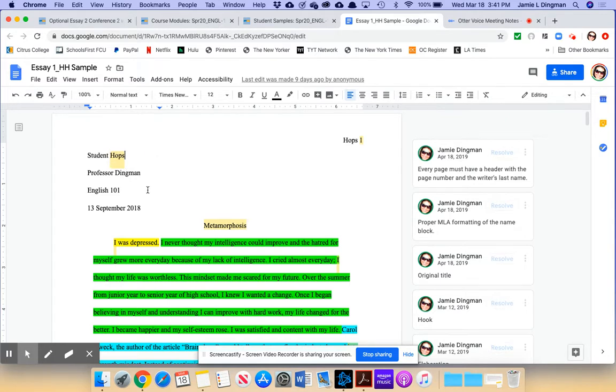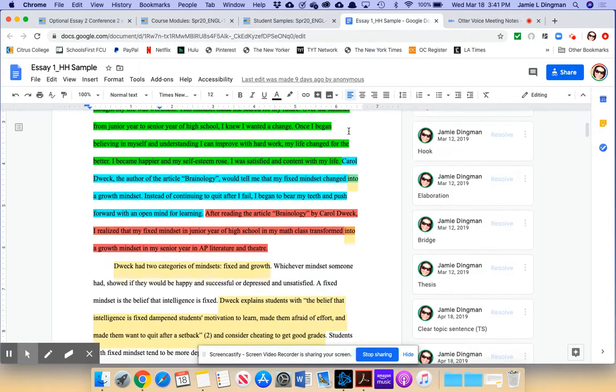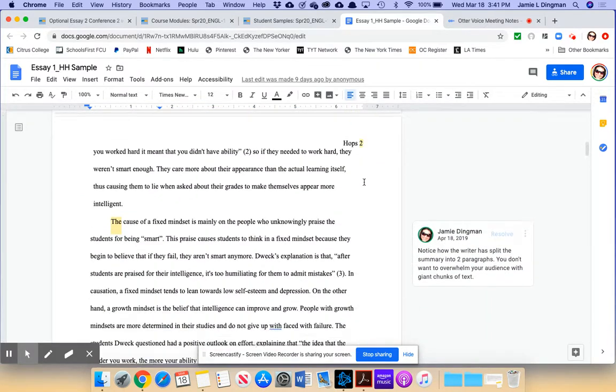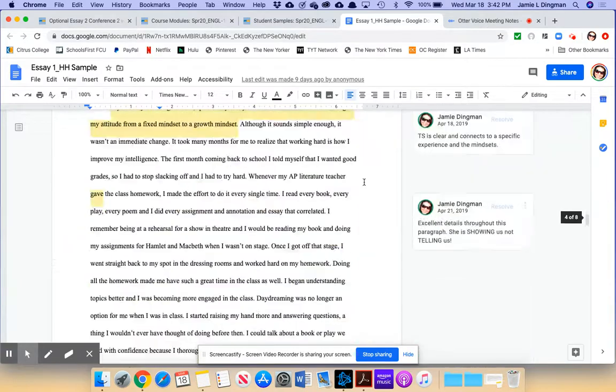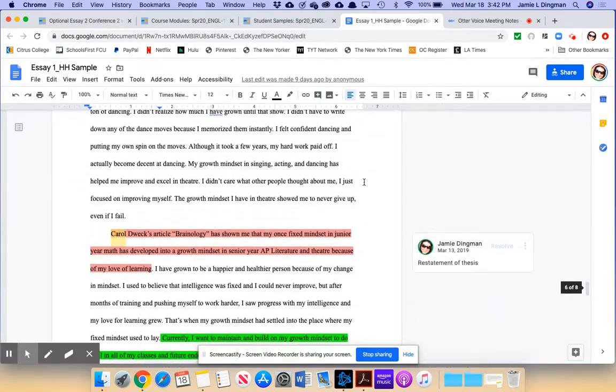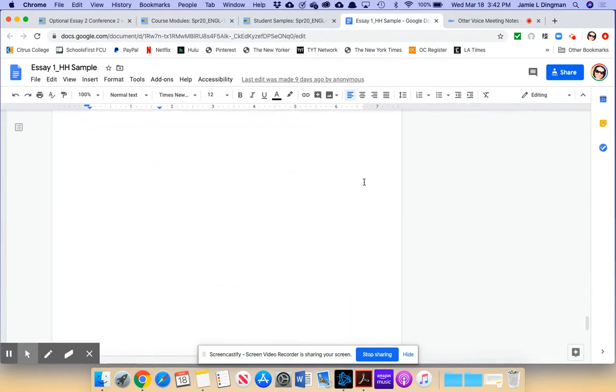She has the correct name block with her name, the instructor's name, the class title, and the date. And notice that the date is written in what we call Roman style, which is day, month, year. In the upper right-hand corner of each page, she has her last name and page number as a header. That's MLA formatting. You must have that on every page of your essay, last name and page number.